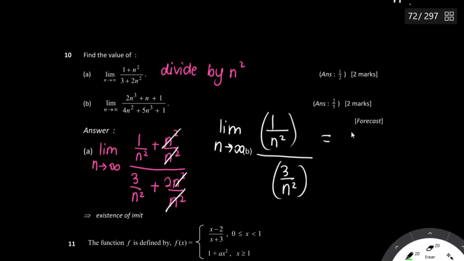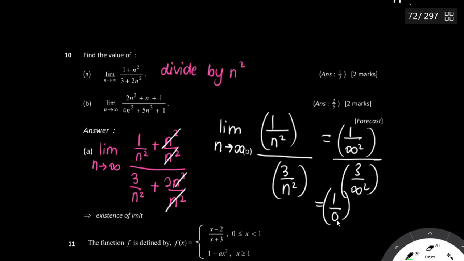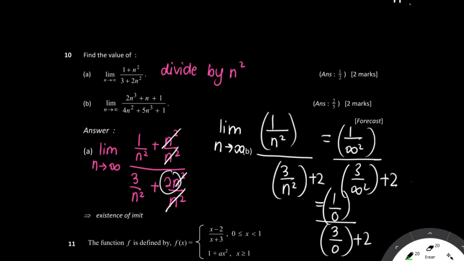Now when you substitute the infinity, what does it become? 1 over 0 divided by 3 over 0, isn't it? Hold on, am I writing this correctly? Oh, sorry, there's plus 2 here. You forgot to write this. Plus 2.